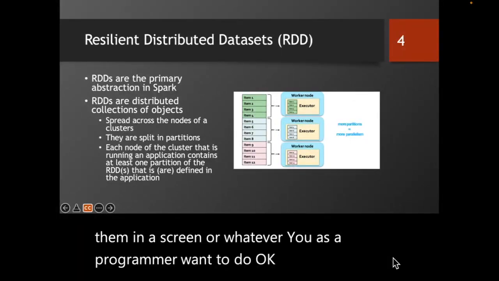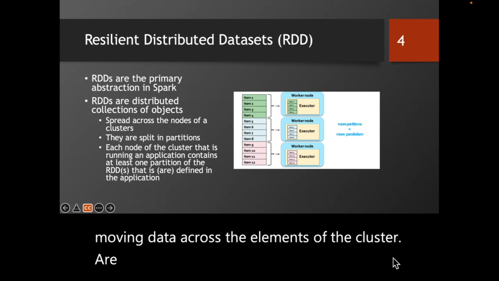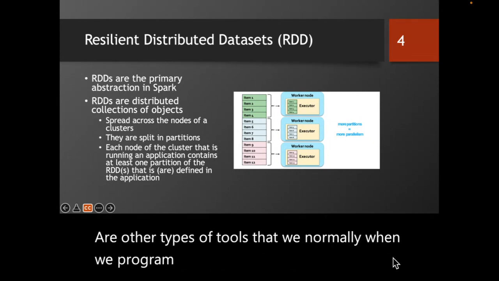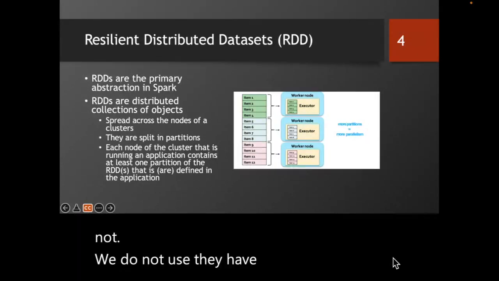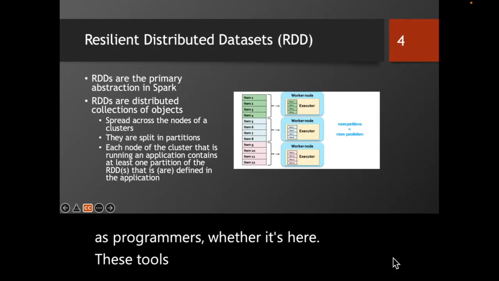Okay, so moving data across the elements of the cluster is another type of tool that normally, when we program in a centralized manner, we do not use. They are not exposed to us as programmers, whereas here, these tools let us exploit this aspect.